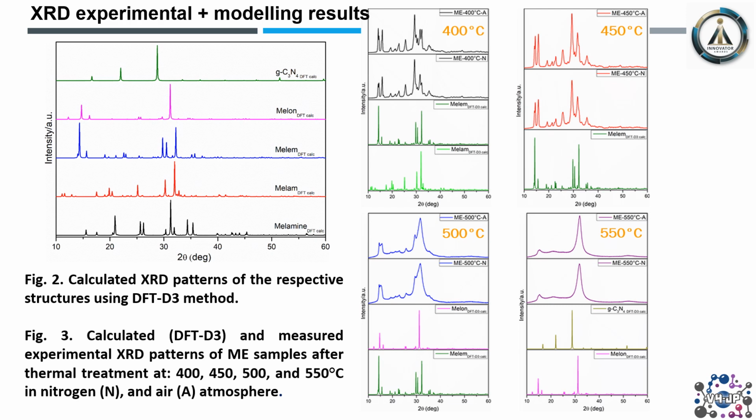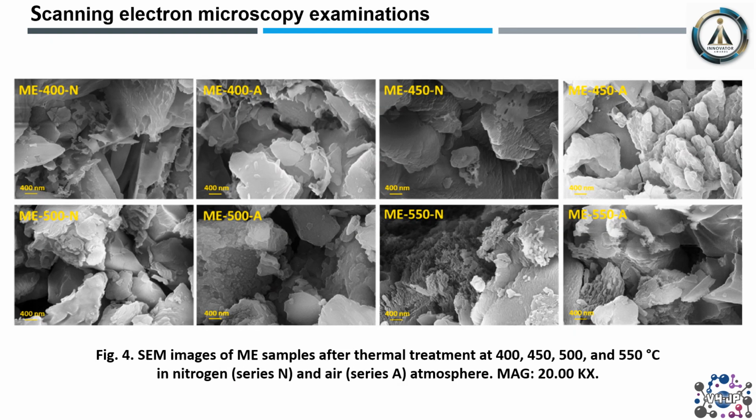It was observed that a pristine melem structure was created when the heating temperature was raised by 50 degrees. At 500 degrees, the melem structure is the predominant phase with some remaining melem. And finally, the graphitic carbon nitride structure was found to be dominated by a remaining melem content following annealing melamine at 550 degrees.